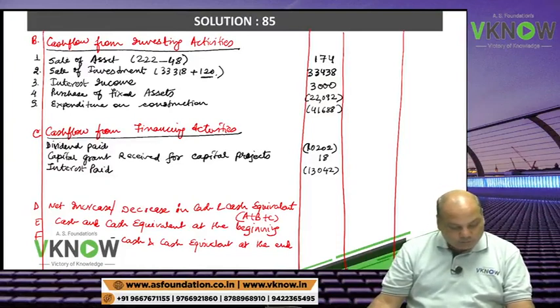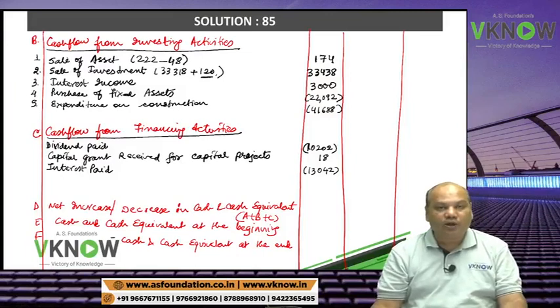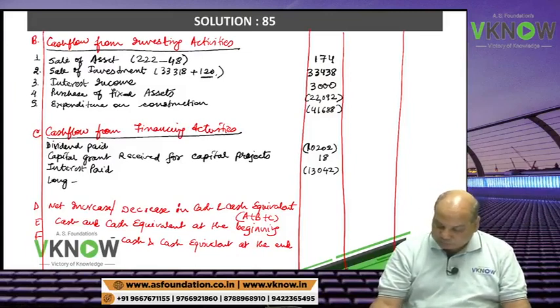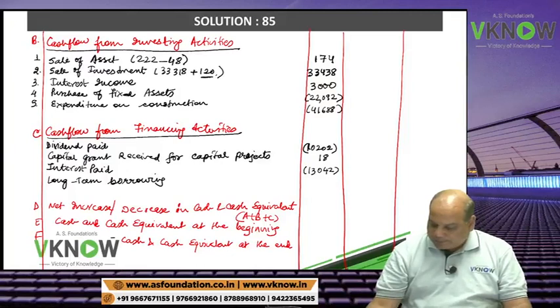Long term borrowing from bank, point 15. Financing activity. In financing activity, write down long term borrowing from bank. It is an inflow.